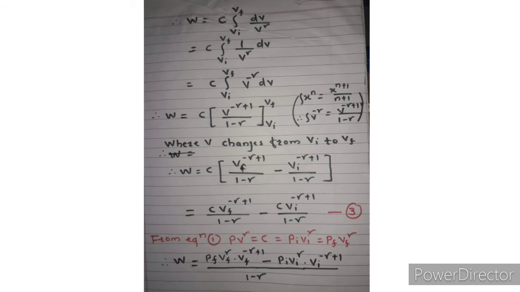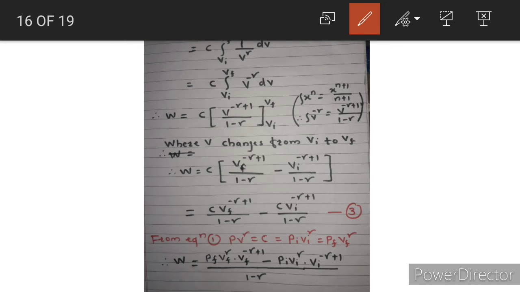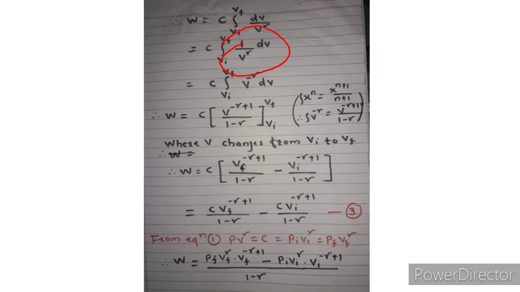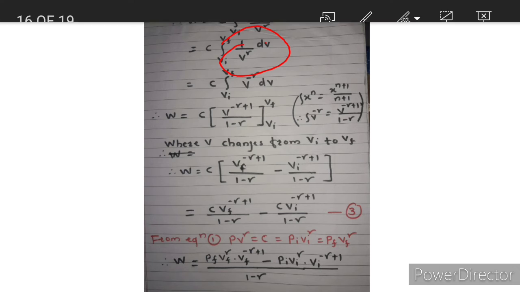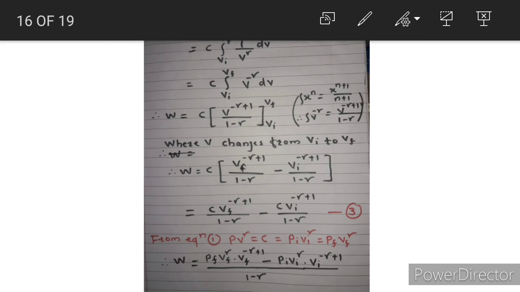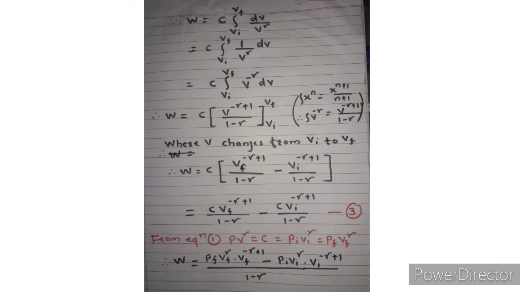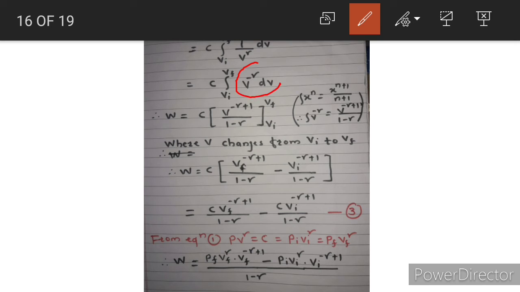Now take the integration of 1 by V raised to gamma into dV. Since V raised to gamma is in the denominator, in the numerator it is V raised to minus gamma. Now take the integration of V raised to minus gamma into dV.